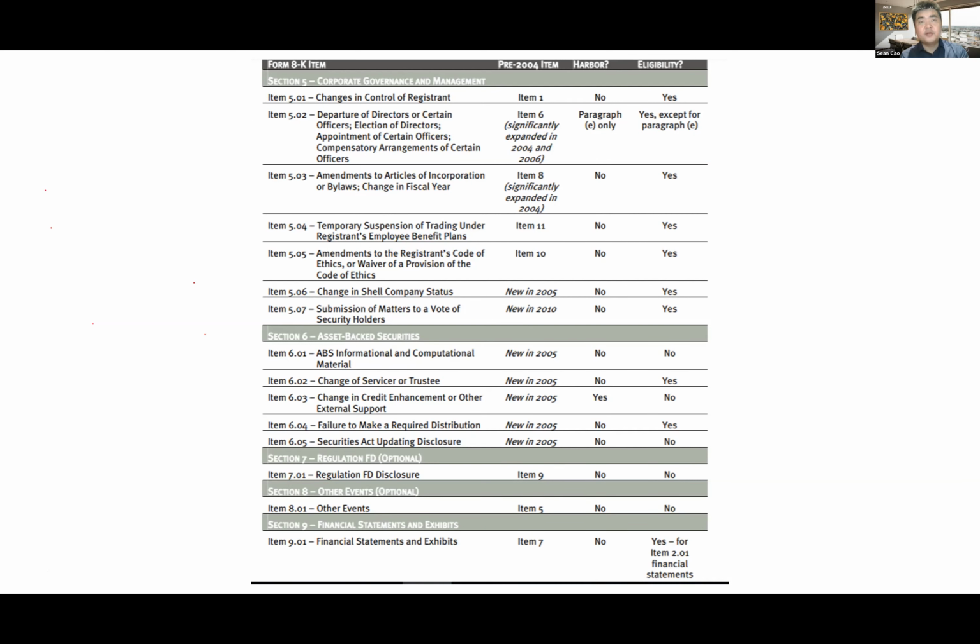It's moving from 14 days to 4 days. So this is an overview of the structure of the 8-K and the regulatory change. Let's look at the items one by one, so you can get a better idea. Then we'll talk about examples of how we use the 8-K information to help investors and managers.